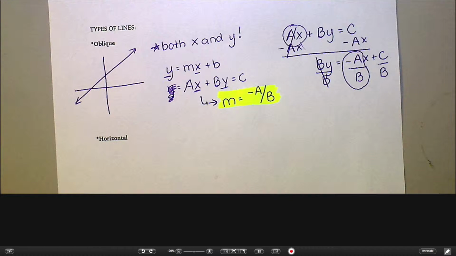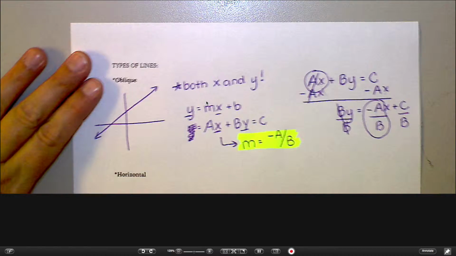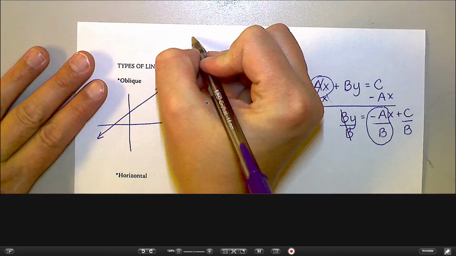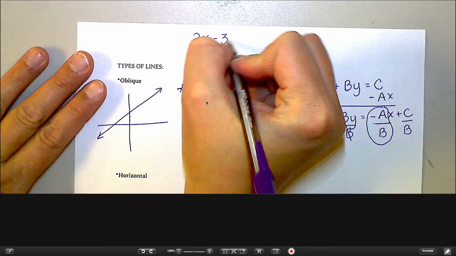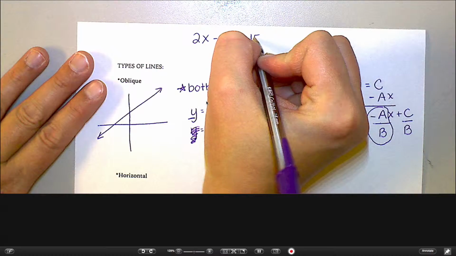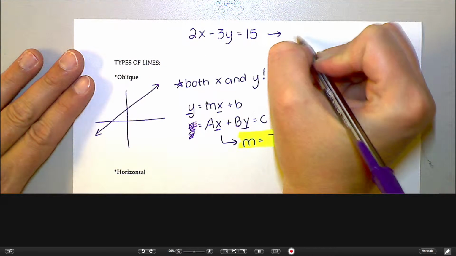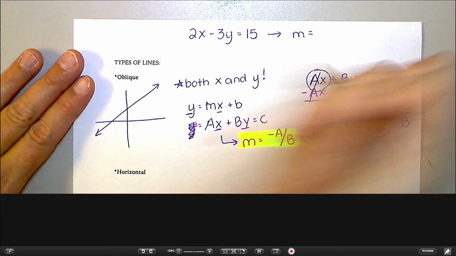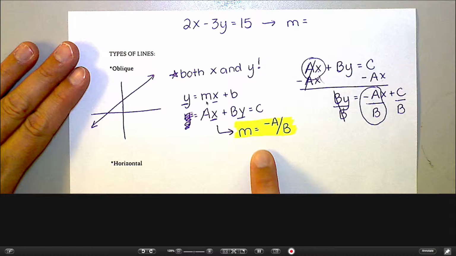Okay. Let's maybe do a quick example of that. I'll just slide it in up here at the top. Let's say I gave you 2x minus 3y equals 15. And I wanted the slope. Just the slope out of that. How would you get it? Thinking about this thing I just highlighted down here.